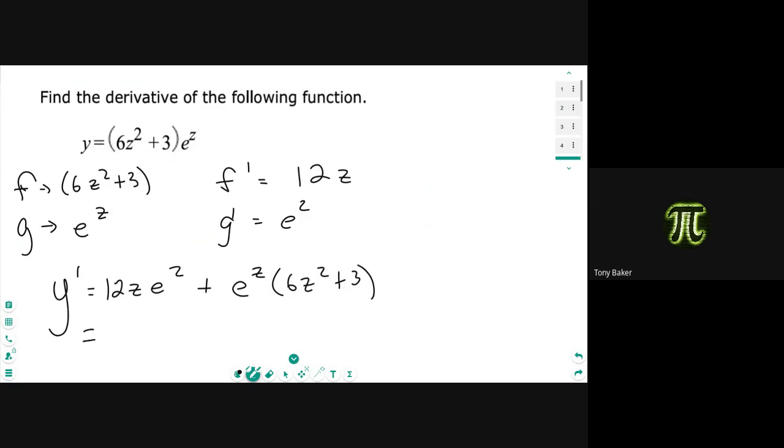And if you really wanted to simplify it down, that's as far as you could actually go, just by pulling out the e to the z. But you can leave it like the first one. There's nothing wrong with the first one.